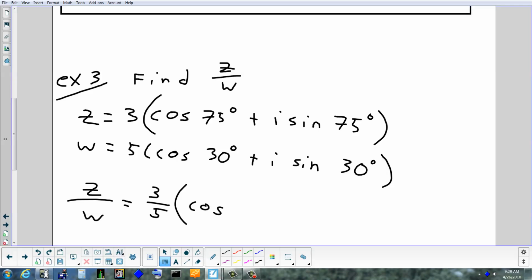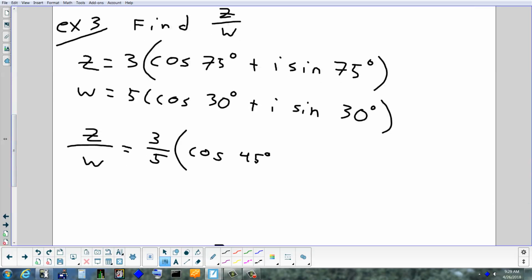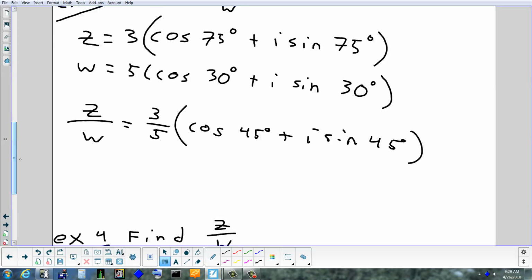Take 75 minus 30, and you're done. Okay, so that's one where you don't have to worry about a negative on the angle, and there'll probably be some on the test that you don't have to worry about negatives either. But there might be a negative that comes up sometimes. Okay. Questions on that one?